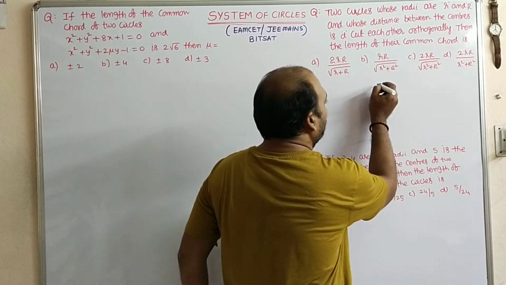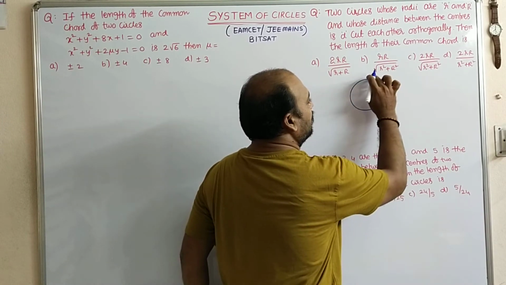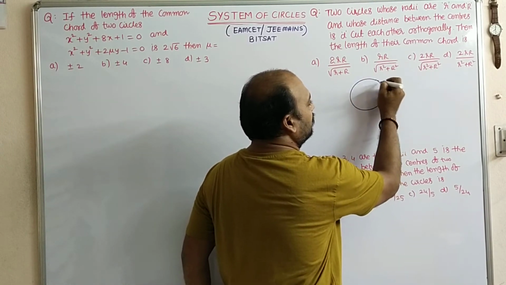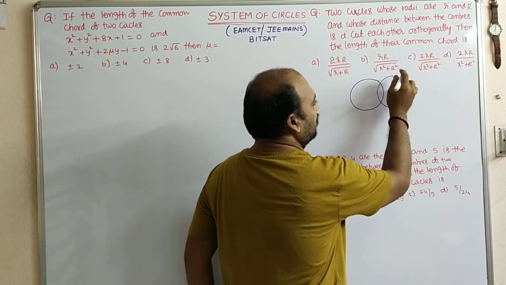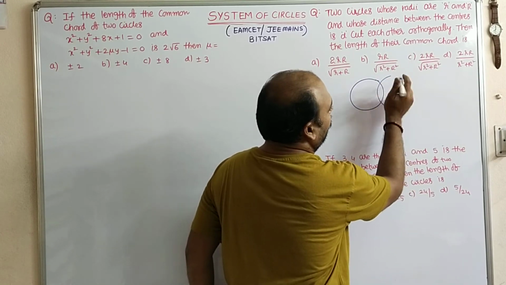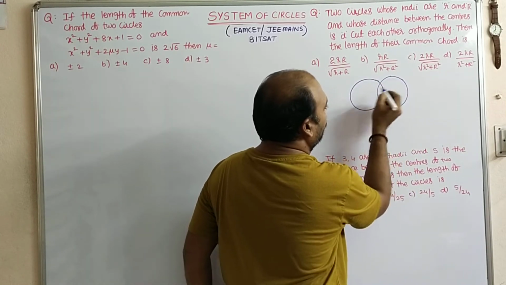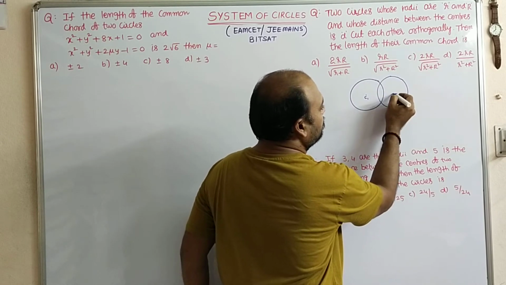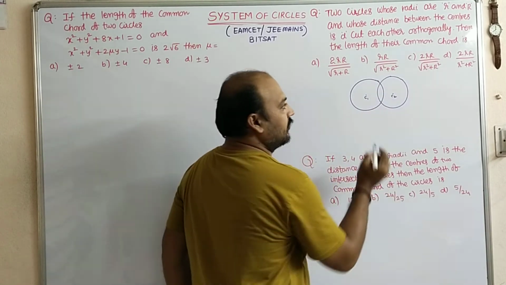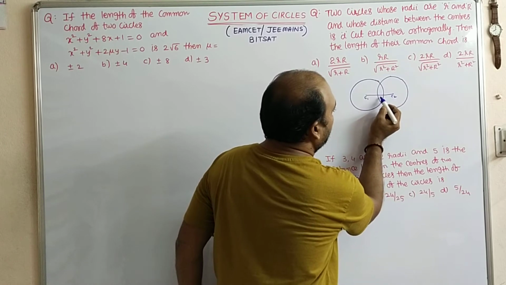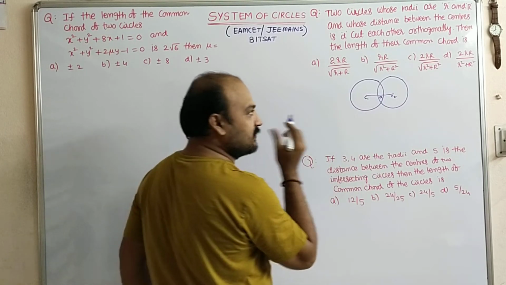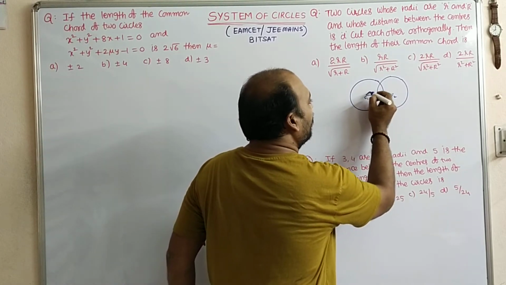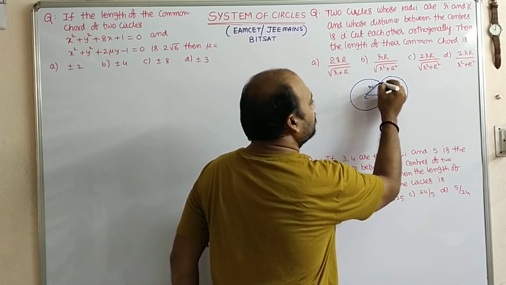So here, this is the first circle, this is the second circle, C1, C2. Distance between their centers is d units, and this is R1, this is R2.